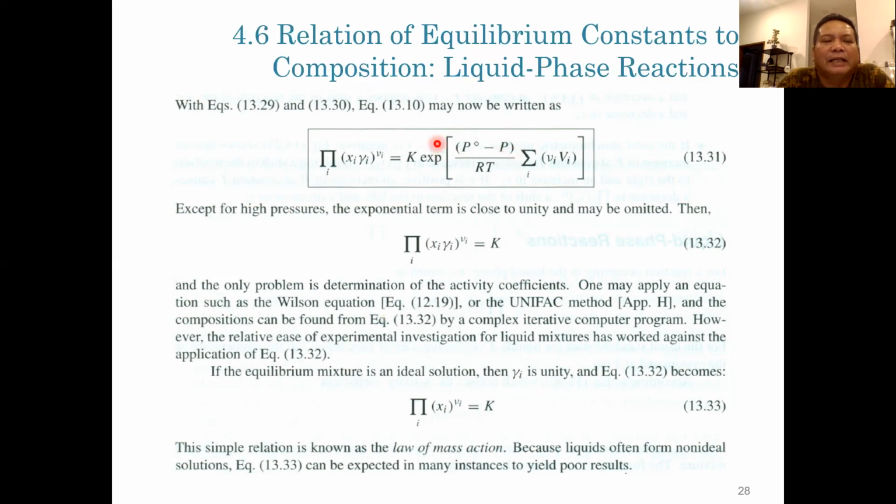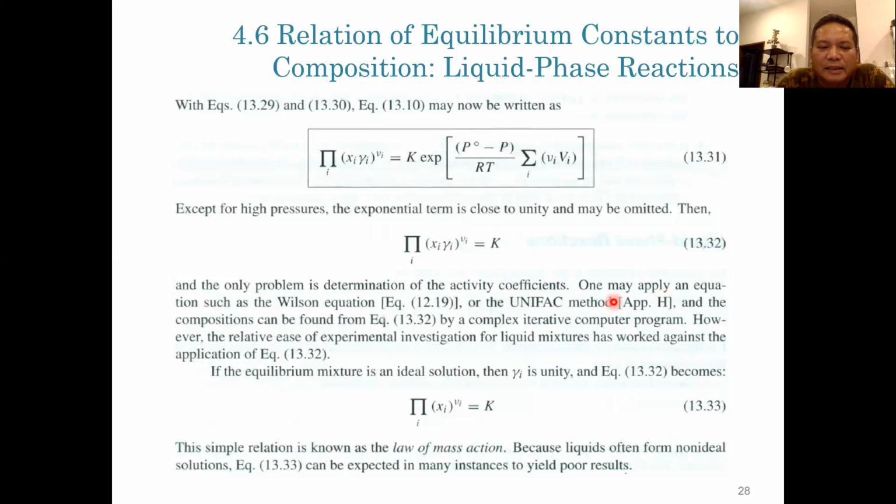This becomes a negative value, isn't it? So e to the power of a negative value becomes almost 0. So e to the power of 0 is 1.